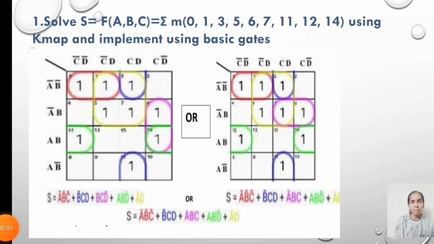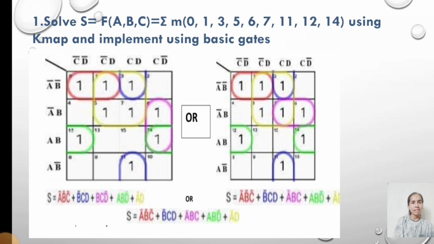Solve the problem based on the K-map. First, solve S equals f of a, b, c, d equals summation m of 0, 1, 3, 5, 6, 7, 11, 12, 14 using K-map and implement using basic gates. First, draw the K-map based on the number of variables.